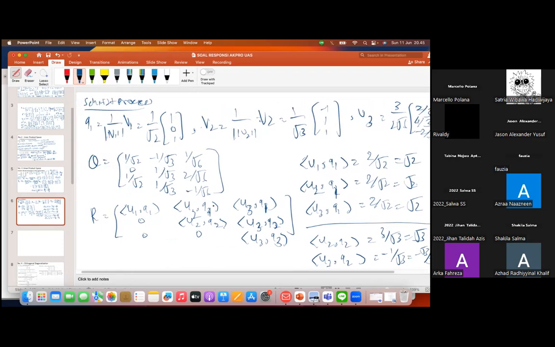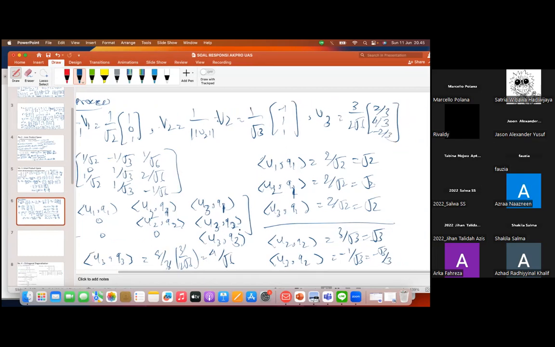And finally, we calculate U3 comma Q3, which is equivalent to 8 over 3 times 3 over 2 root 6, just cross, 4 over root 6.